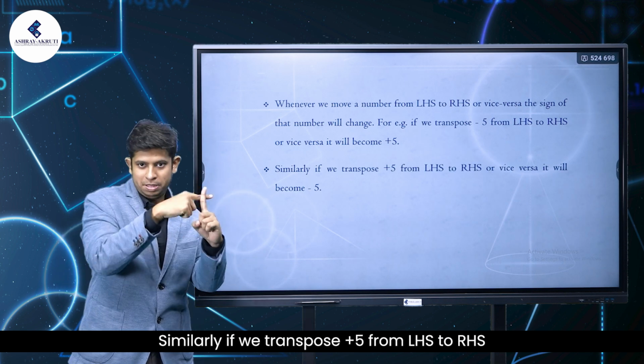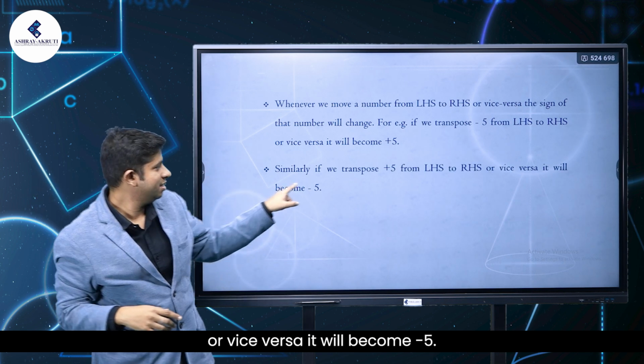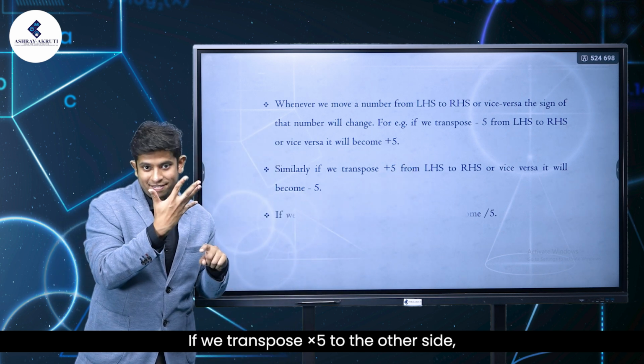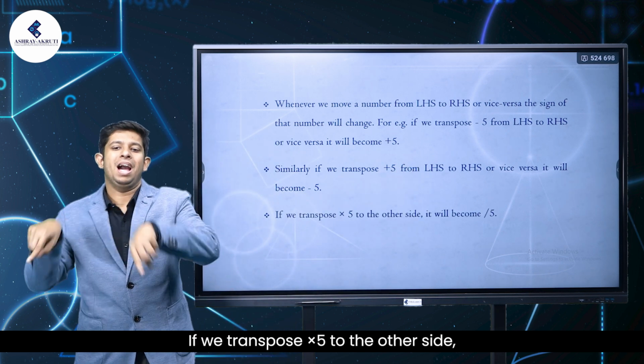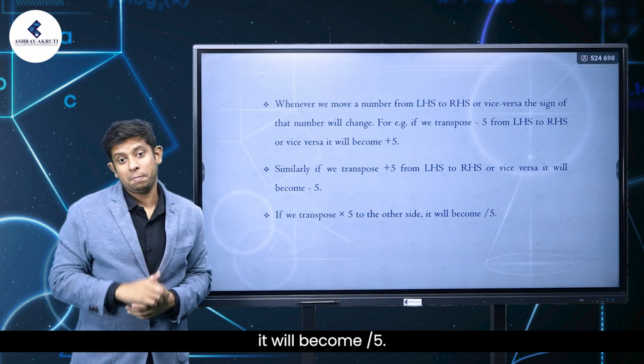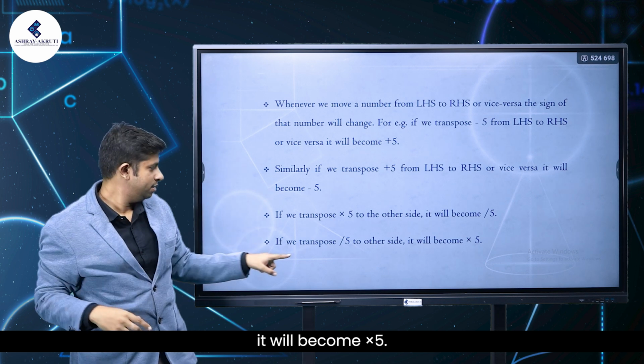Similarly, if we transpose +5 from LHS to RHS or vice versa, it will become -5. If we transpose multiplication by 5 to the other side, it will become division by 5. If we transpose division by 5 to the other side, it will become multiplication by 5.